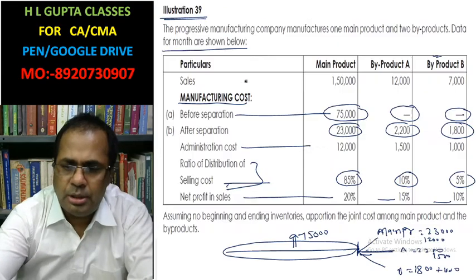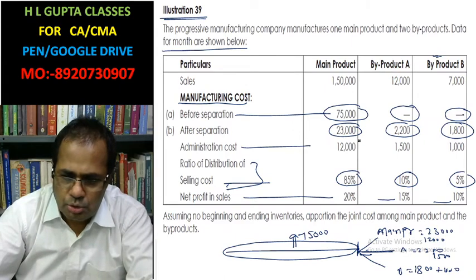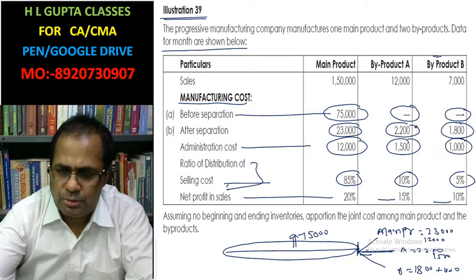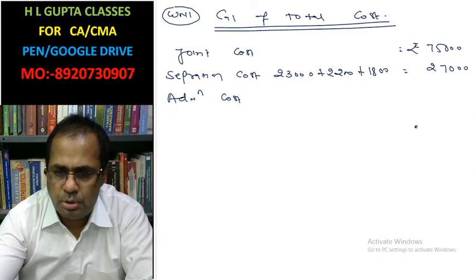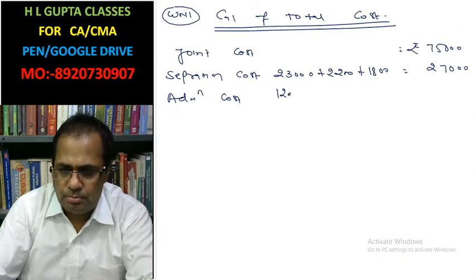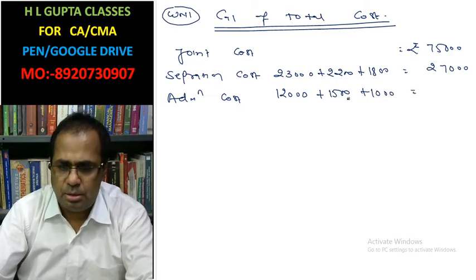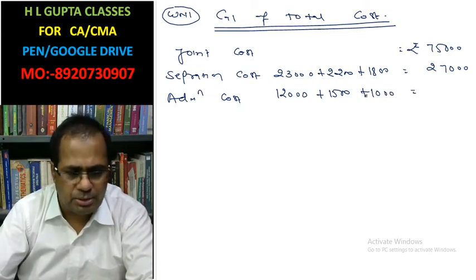Look at here: 12,000, 1500, 1000. This is 13,000, then 14,500.